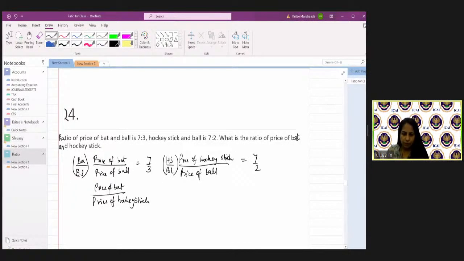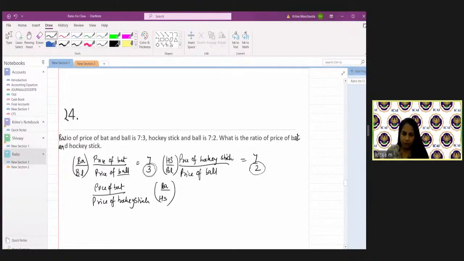So now I have to find out the relationship between bat price and hockey stick price. Can I do this? Not yet, because price of ball here is in the third ratio. Here it is in the second ratio. Had these two been equal, then there wouldn't have been a problem.